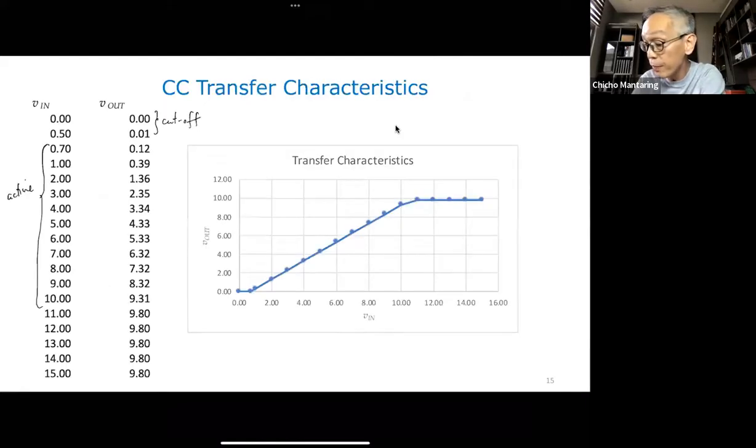So notice that when my input voltage goes beyond 10 volts, in this particular case my output now clips at 9.8. So here, this is already saturated. And if I draw the transfer characteristic curve, it's going to look something like this.